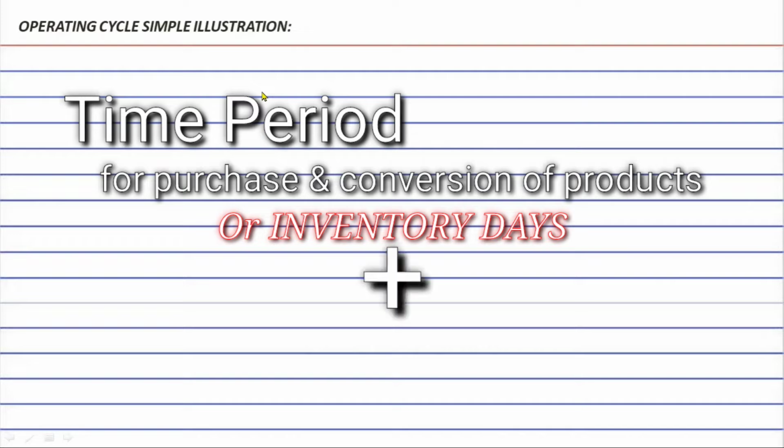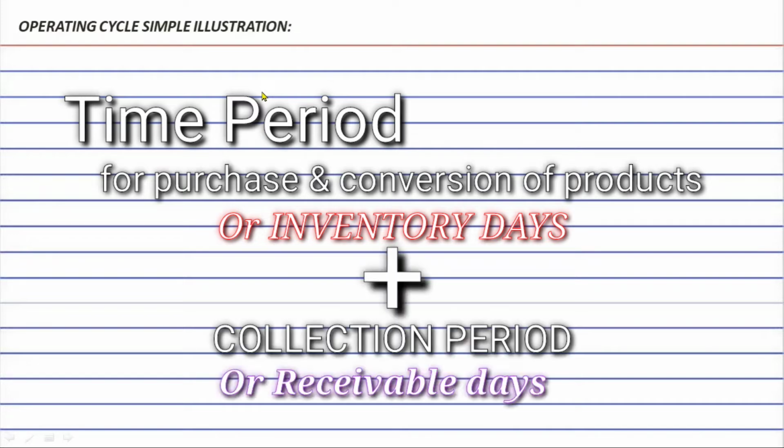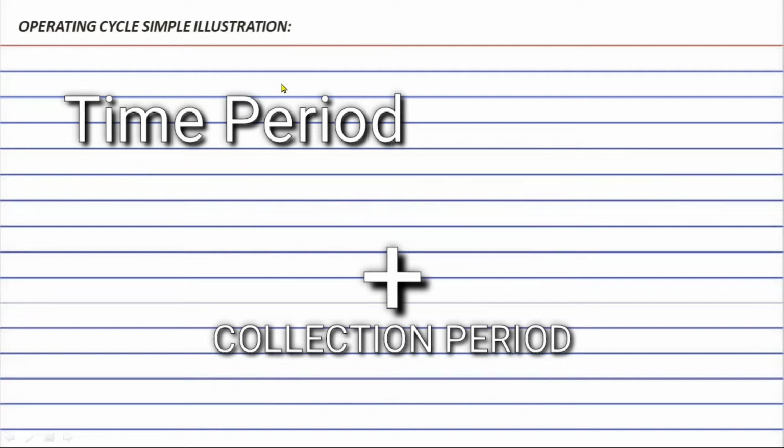And it also covers the period of selling those products, and the time period of collection of cash from selling those products. And since you already have cash, then the cycle starts again. You buy again raw materials or inventories and convert it. Okay? And so on.